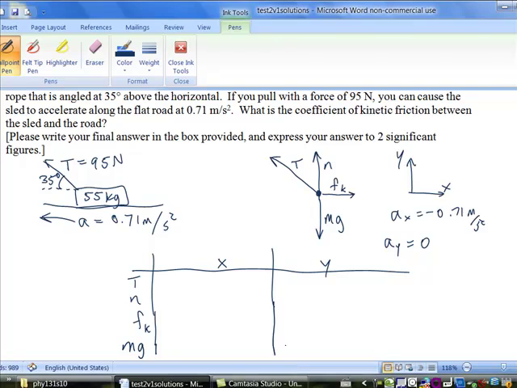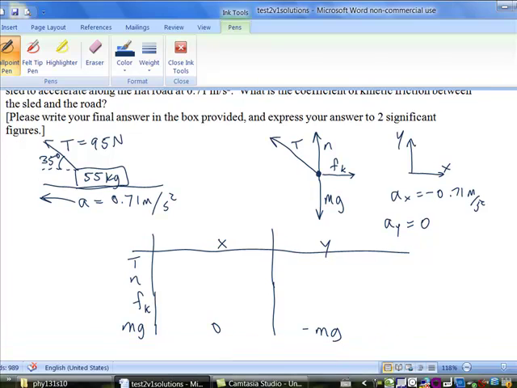And the easiest ones are the ones that are parallel or perpendicular to an axis. So mg has 0 in the x component and negative mg as the y component. The normal force also has 0 in the x component, but now some unknown value, n, going upwards, so that's an unknown.